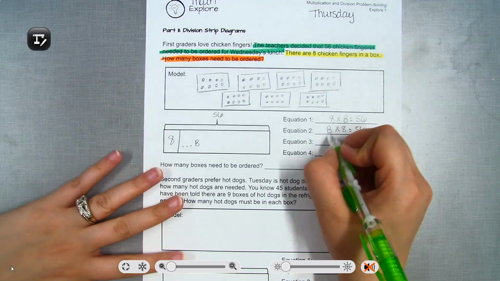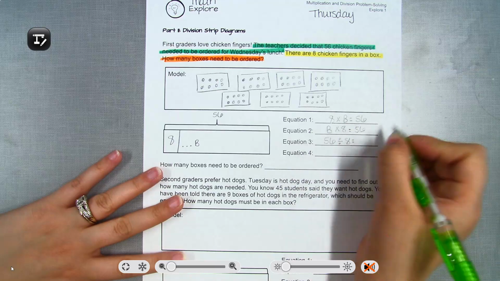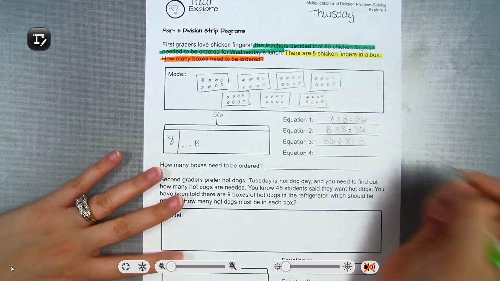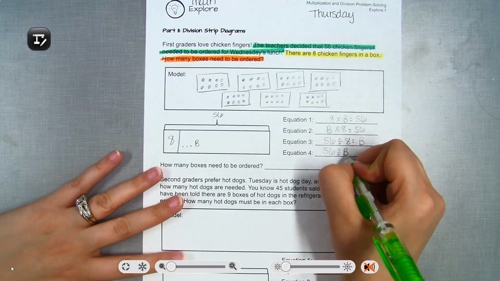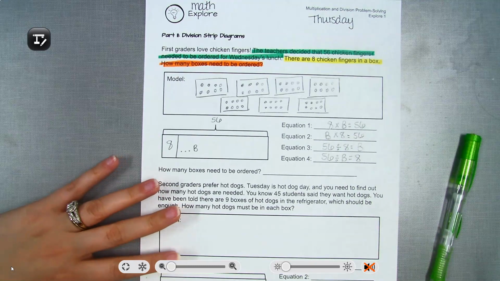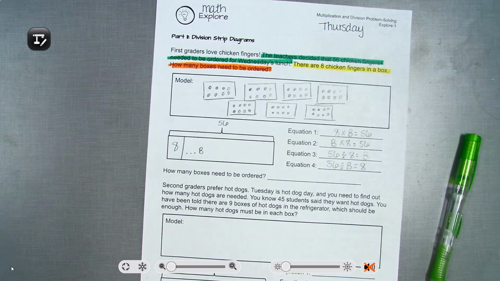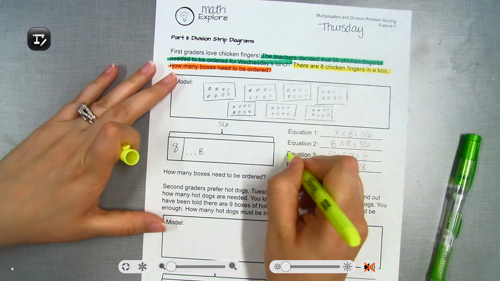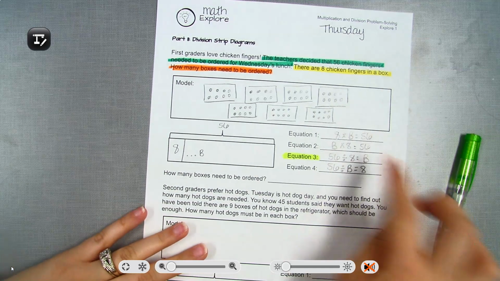Or we can do the division, which would be 56 divided by 8 equals blank. Or 56 divided by blank equals 8. The picture that we drew is equation 3, which is where we divide. But you can figure it out these other ways.